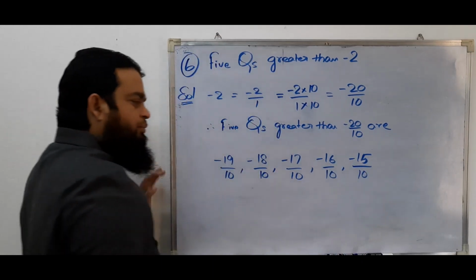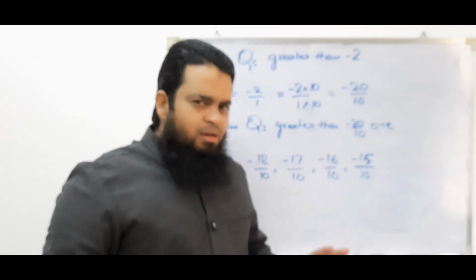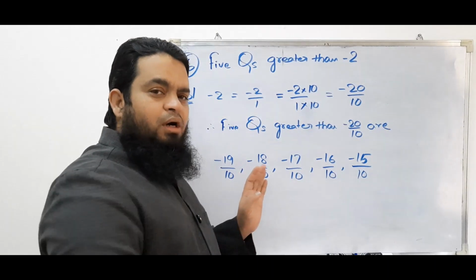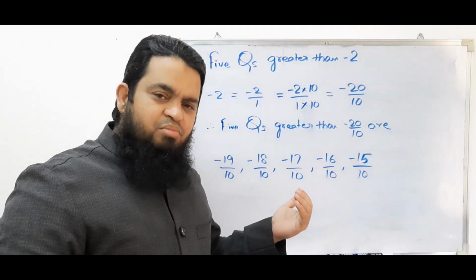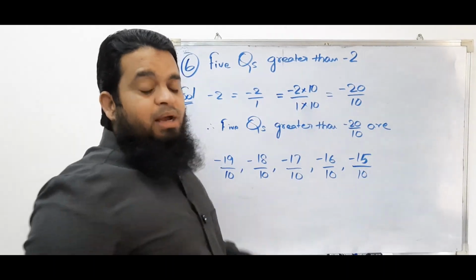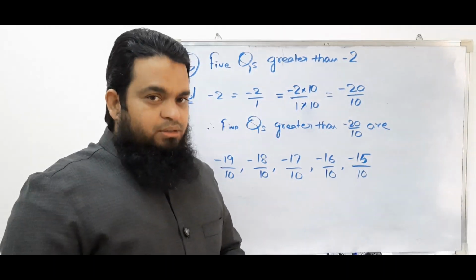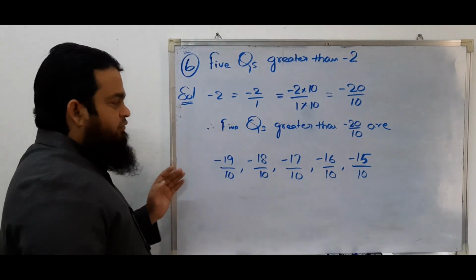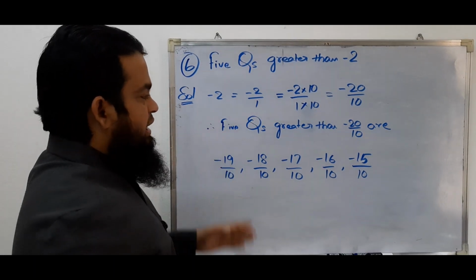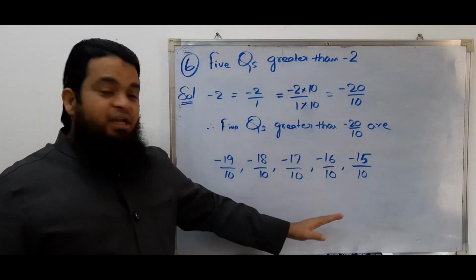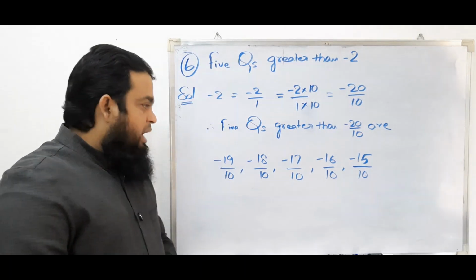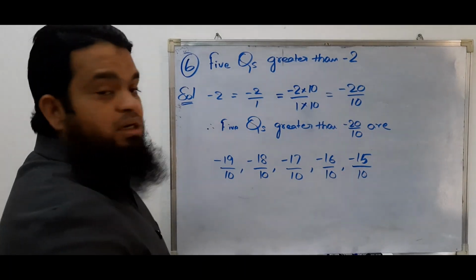Do you remember, on the number line for negative numbers, if you go right, you will get greater numbers. Understood? So these are the 5 rational numbers greater than -2. I hope everybody understood this.